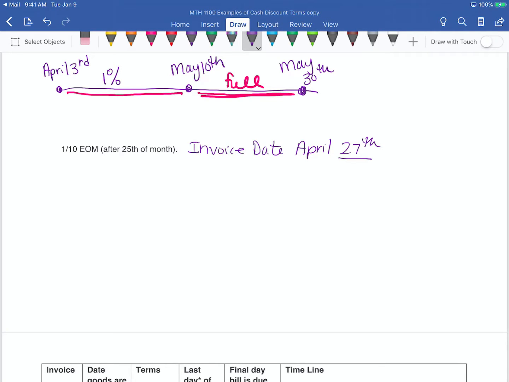So the only difference between this and the previous example, instead of going out to the 10th day of the first month or the next month, you go out the 10th day of the second month.